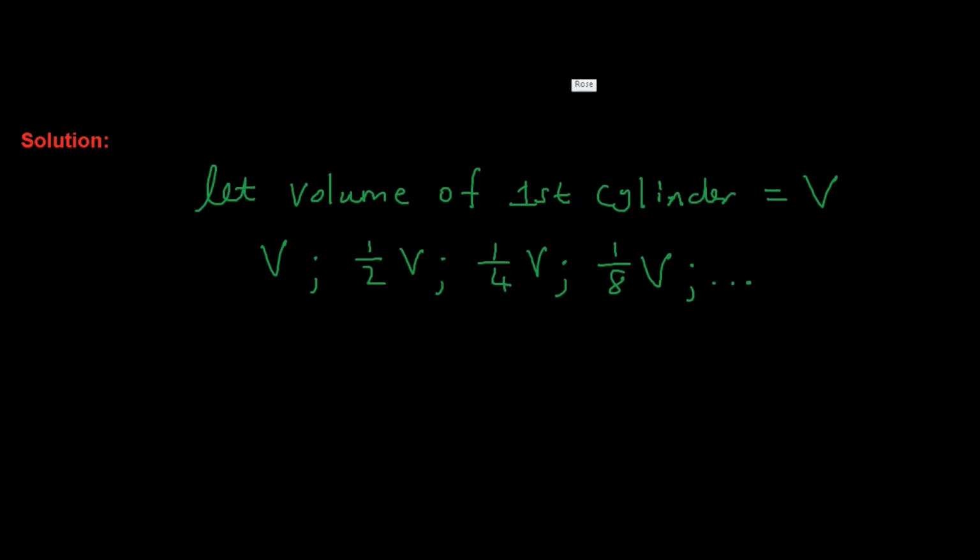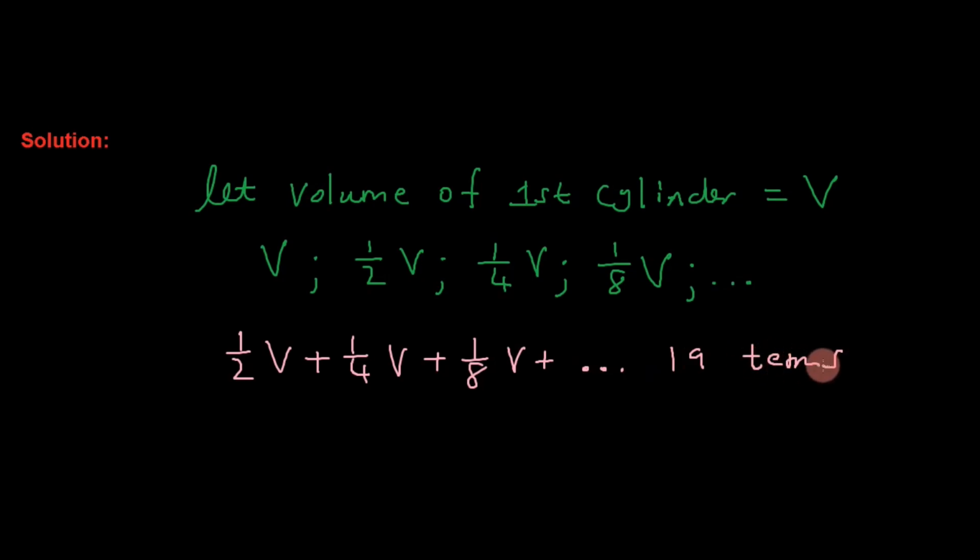So we can set up a series, a half V plus a quarter V plus an eighth V plus up to 19 terms. And we can sum these terms by using the sum formula.